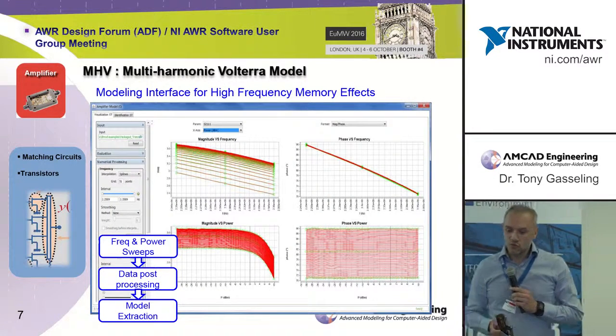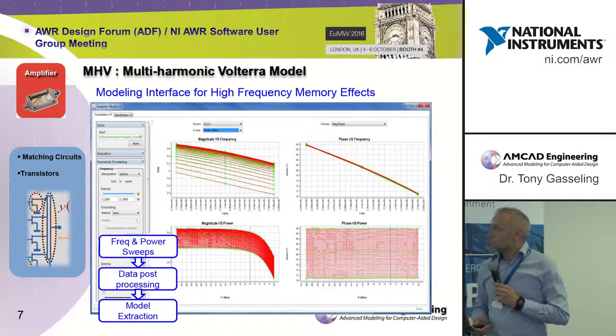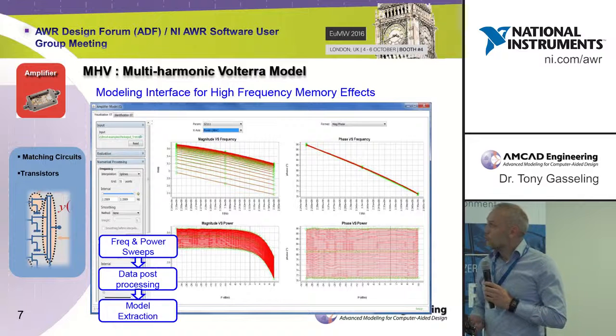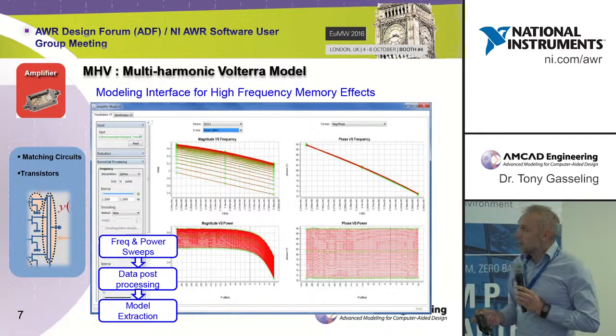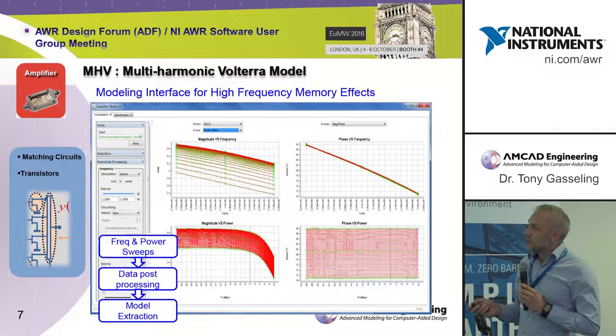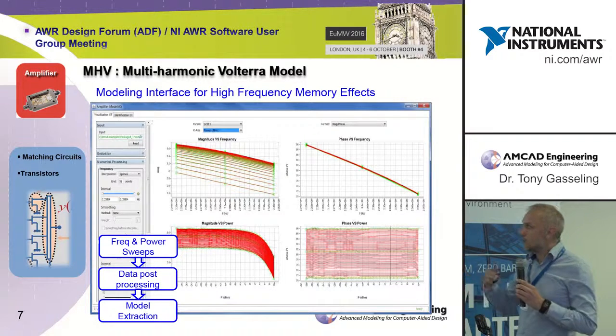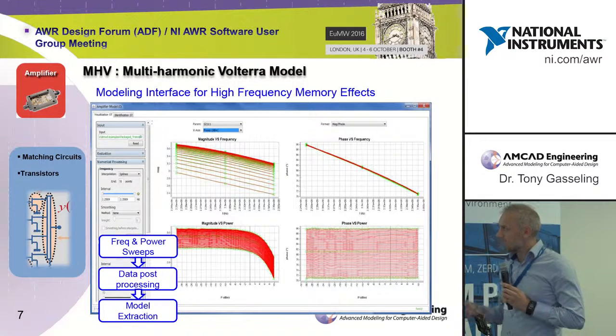So in order to deal with all these phenomena, we have developed a software which is, let's say, a bridge between the measurement world and the simulation world. That is to say, we will drive a measurement bench that will first extract the high frequency characteristic of the power amplifier. So it's a basic power sweep, different power levels, different frequencies, and we will probe the amplifier response within this boundary for a given power range and a given frequency range.